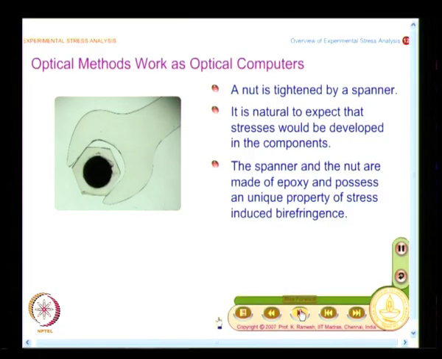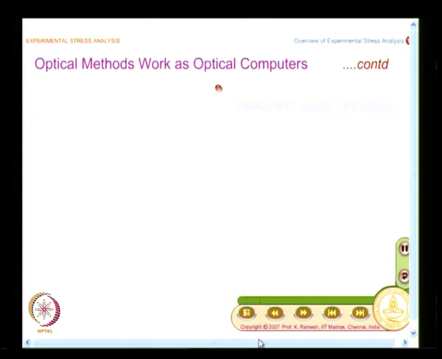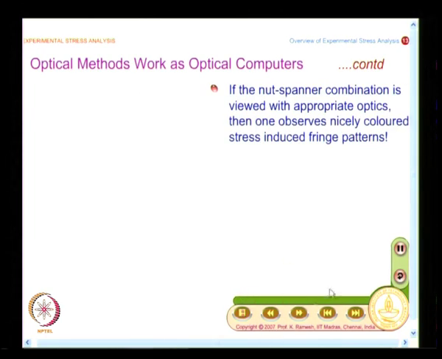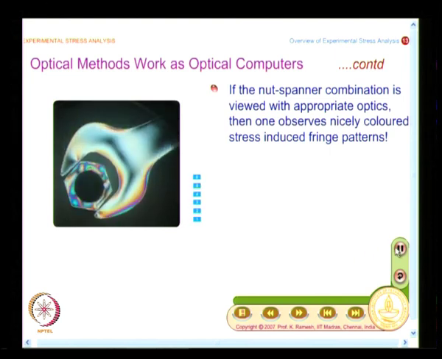And what I do now is I introduce appropriate optics and view the same combination with the optics. Optics is not shown here on the screen, but you will see the effect of optics on the image.